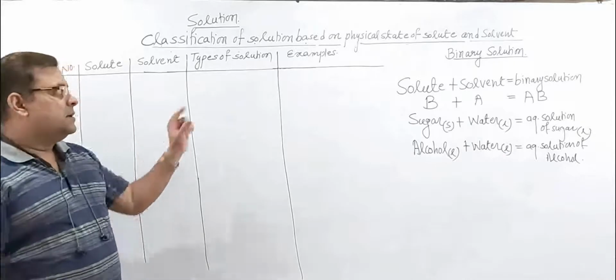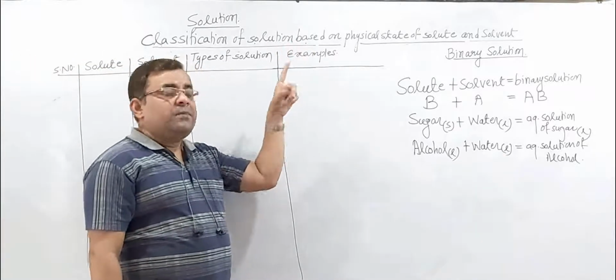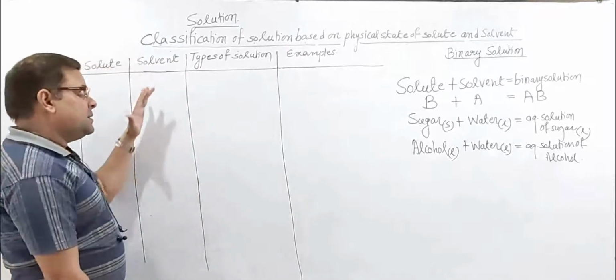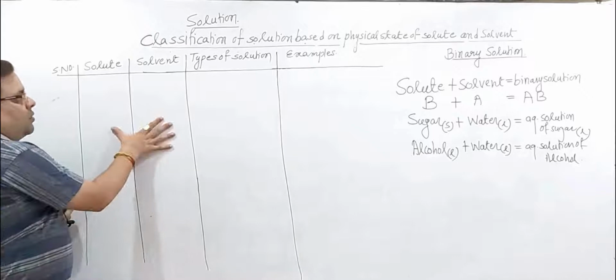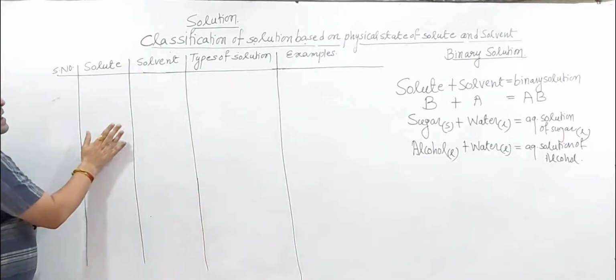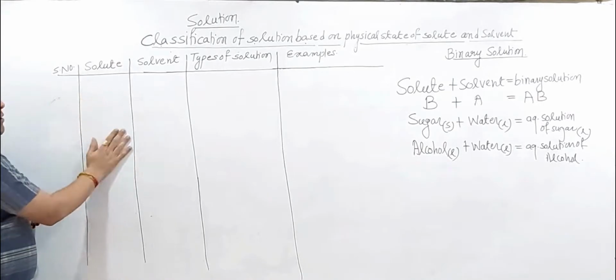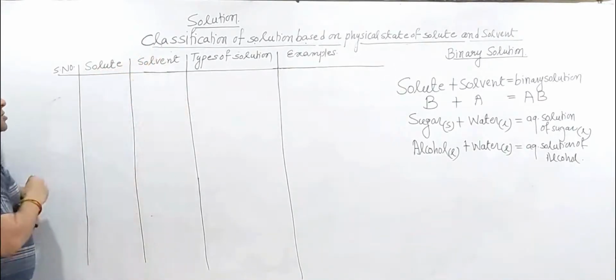Look at the board and note down in your copies. We will explain all 9 types of solutions on the basis of the physical state of solute and solvent.